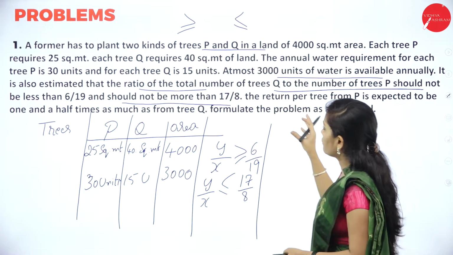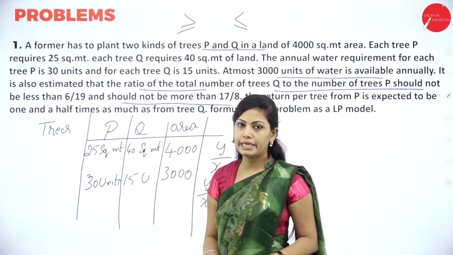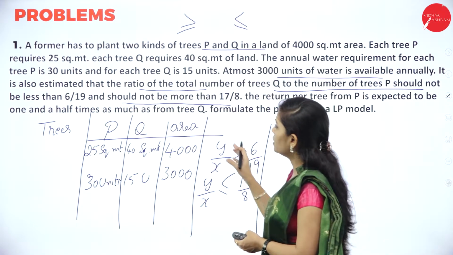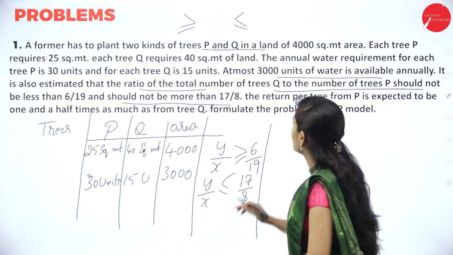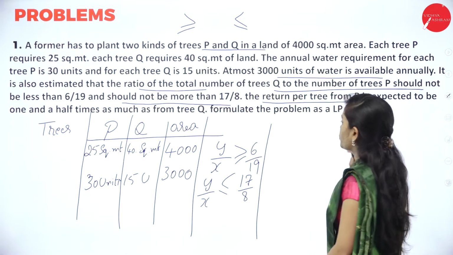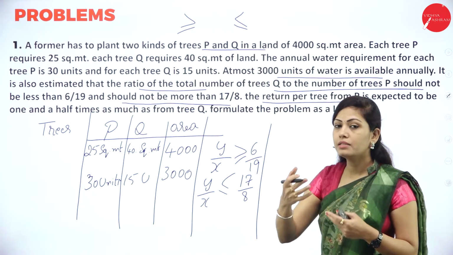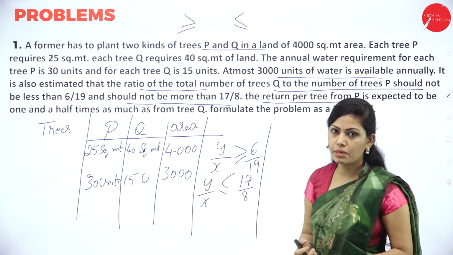So here they have given the product details. First you have to write the given values. The return per tree from P: return means they are expecting the maximum profit.